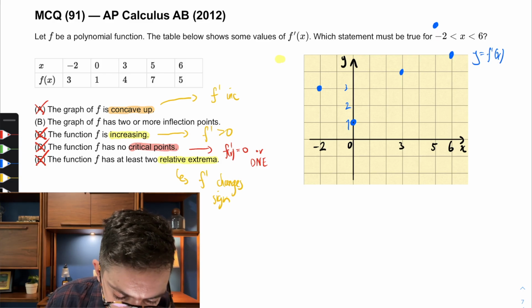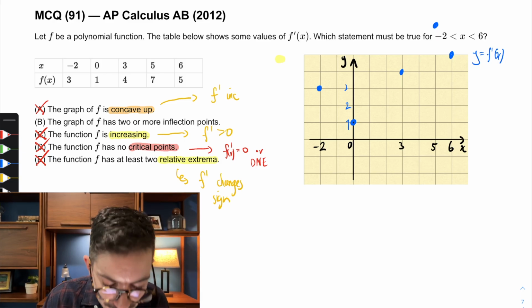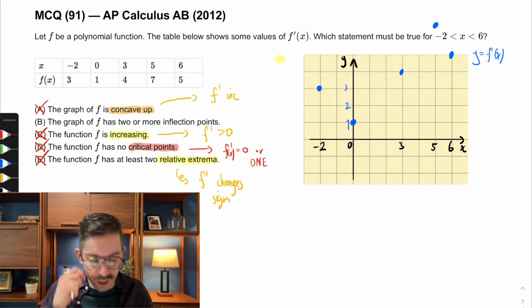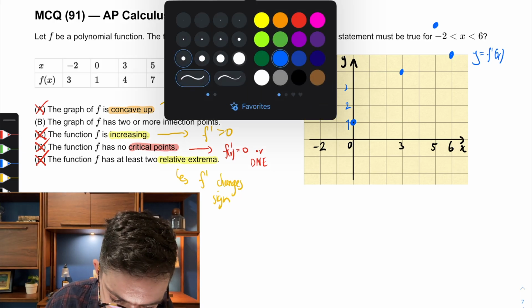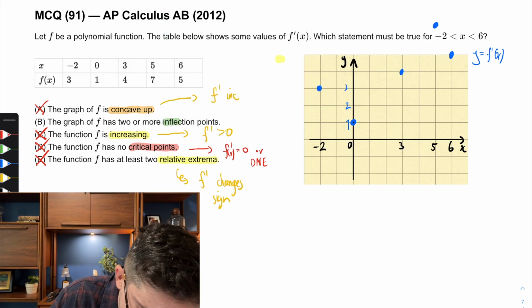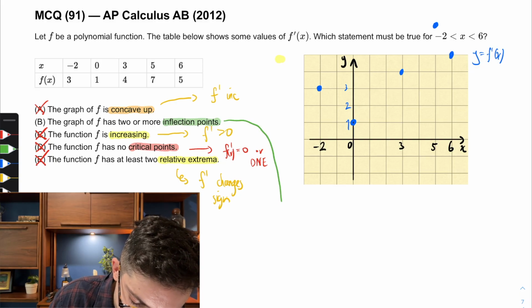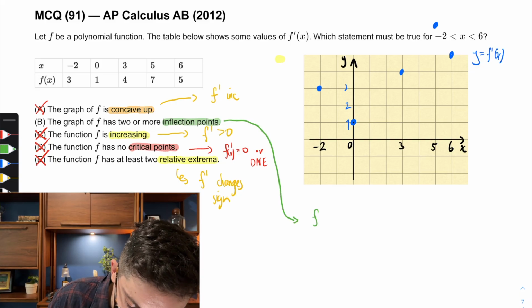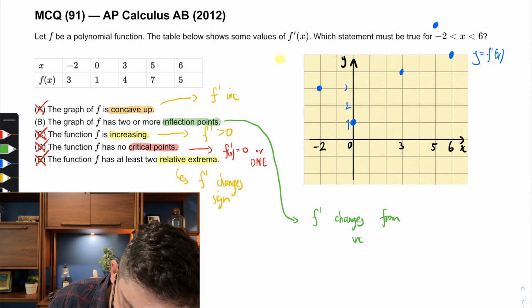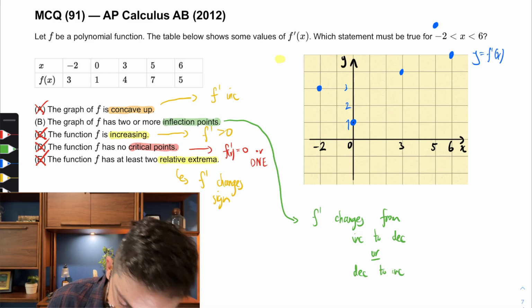It's talking about f having 2 or more inflection points. So let's see here. An inflection point occurs where f prime changes from increasing to decreasing, or decreasing to increasing.